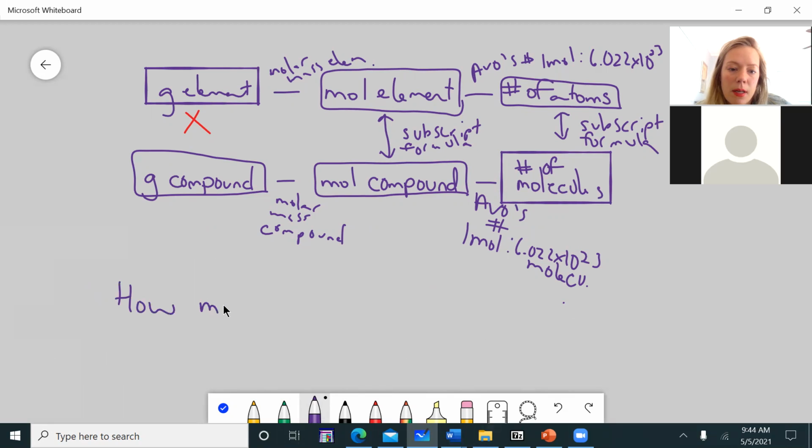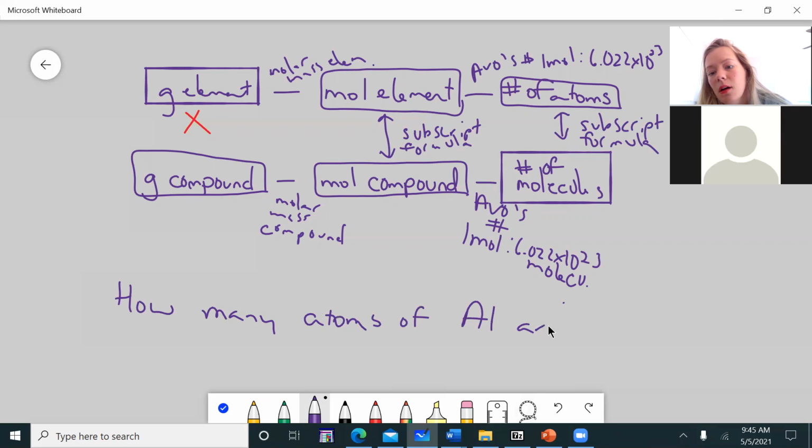How many atoms of aluminum are in a 152.6 gram sample of aluminum?